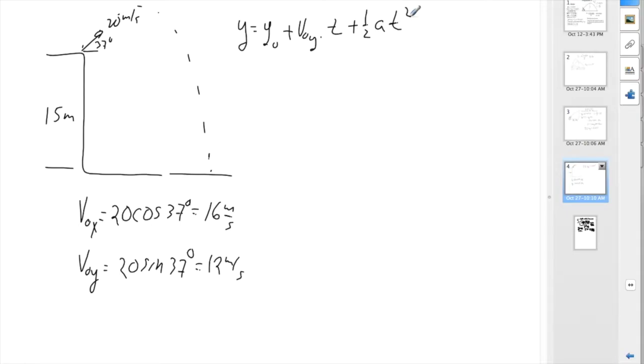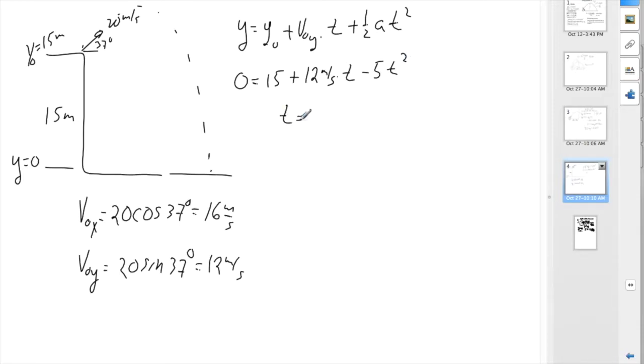Now the question becomes: am I going to call this height y equals 0, or this height y equals 0? I can do either. Just for sport, I'm going to say that y0 is equal to 15 meters. So I start at 15 meters and I want to end up at 0 meters. So 0 is 15 plus the velocity in the y direction, 12 meters per second, times t, minus 5 t squared.